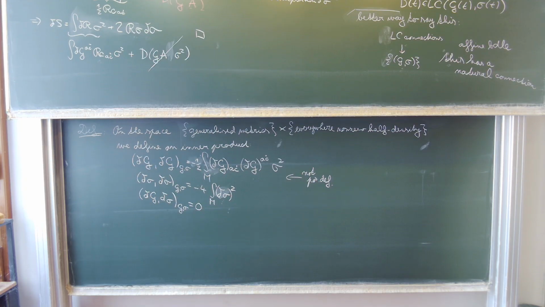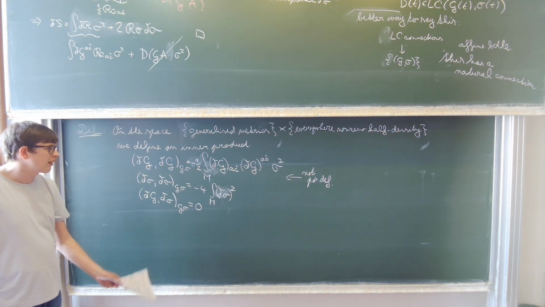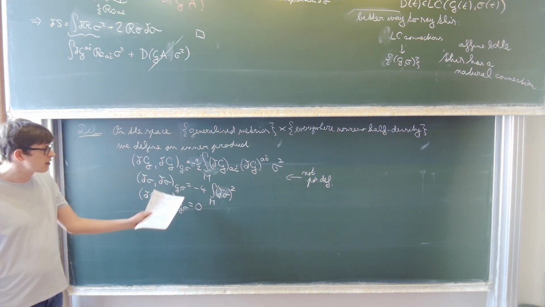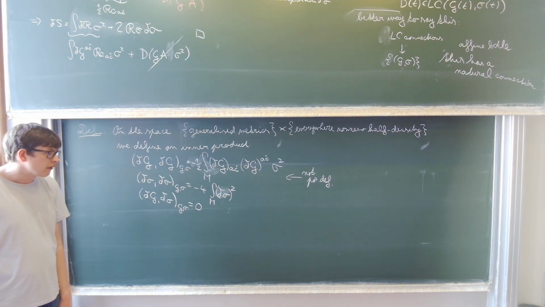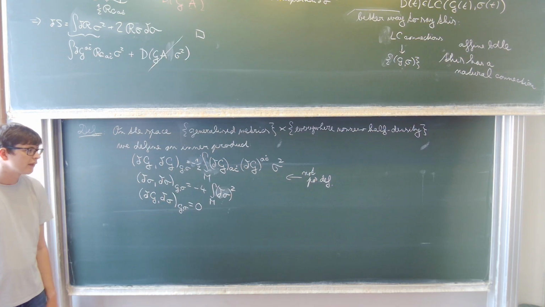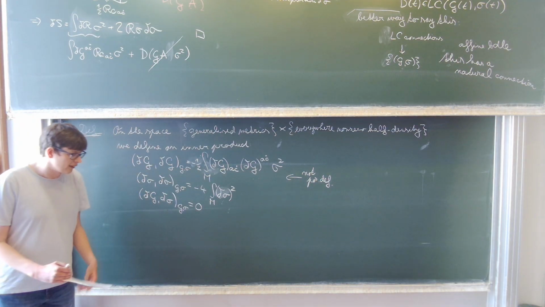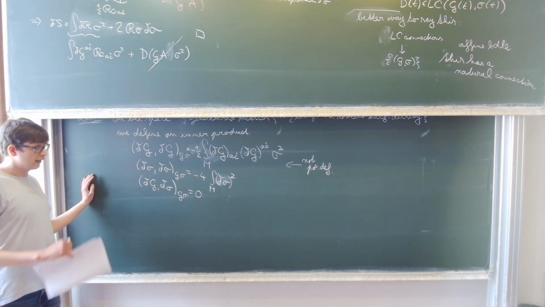I think this is vaguely related to the fact that when working in string theory and looking at string versus Einstein frame, one of them, the scalar, the dilaton, has the wrong sign of the kinetic form. There's some physical thing behind it, and let me not go into that.